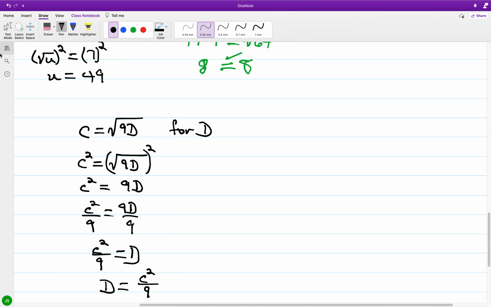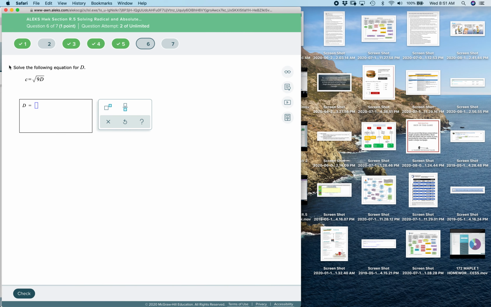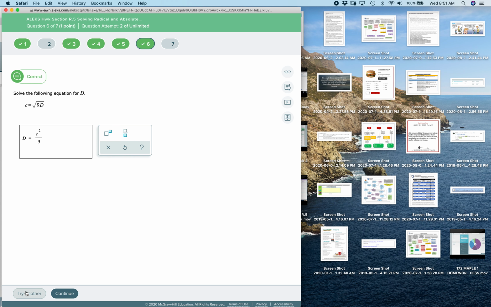And checking, you have c squared divided by 9, and the result is correct.